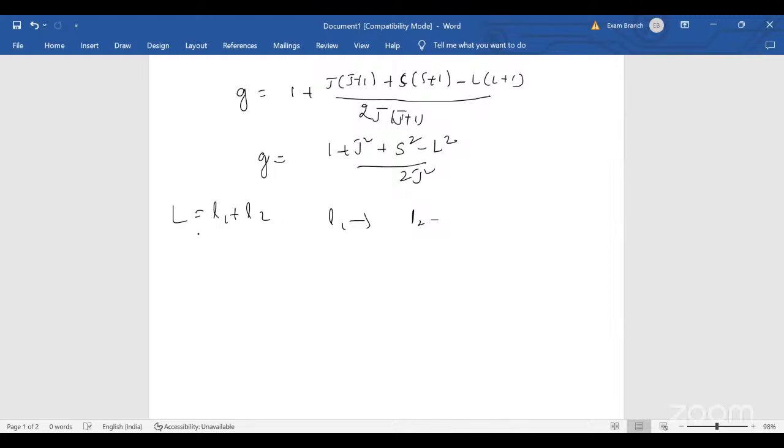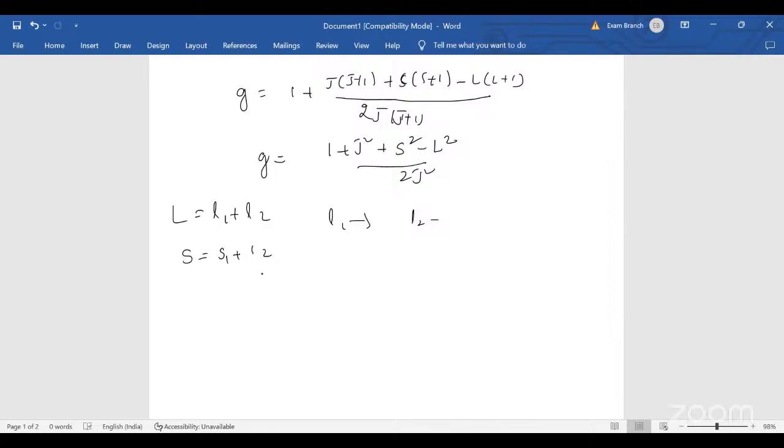So the combination of this is the total orbital angular momentum of the individual electrons. Similarly, the spin angular momentum is given by S equals S1 plus S2, where S1 and S2 are the spins of the individual electrons.